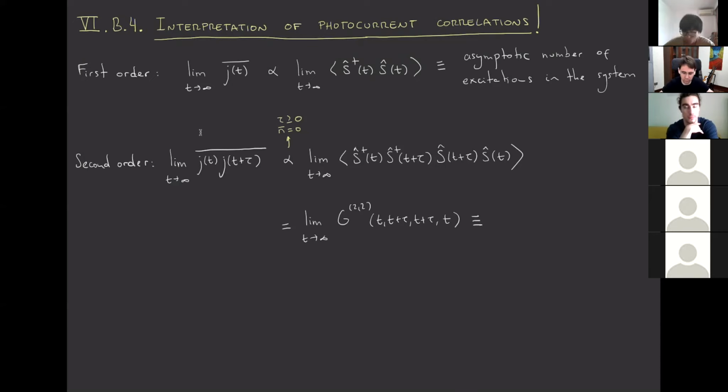So G2 of times t, t plus tau, t in the limit of t going to infinity, that we will call G bar 2 of tau. And sometimes, you will understand why in a second, I will call it the coincidence correlation function, okay? Because as we are going to see, this gives kind of the coincidence of photodetection. So the probability of coincidence. I will explain this in a second.